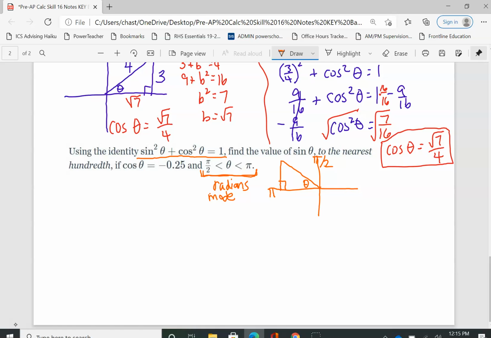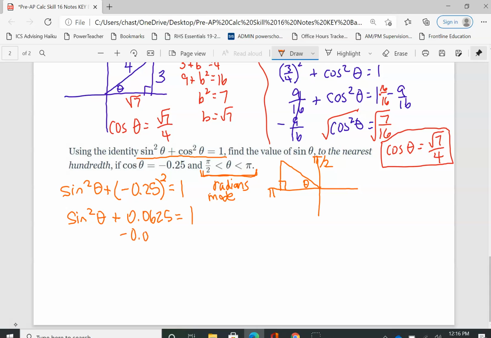And we're told that cosine theta is negative 0.25. So we have sine squared theta plus cosine squared theta, which cosine theta is 0.25. I'm using my calculator to figure out 0.25 times 0.25, which will be 0.0625.